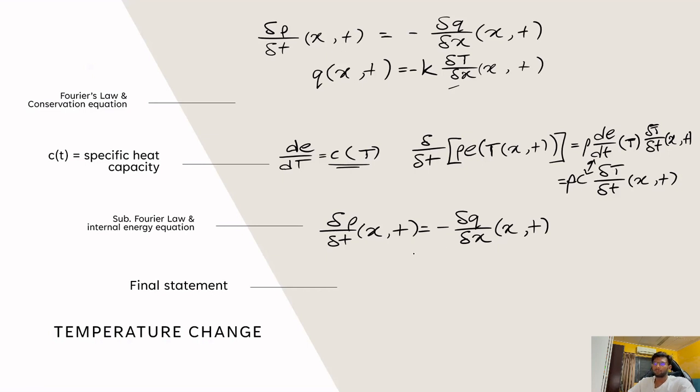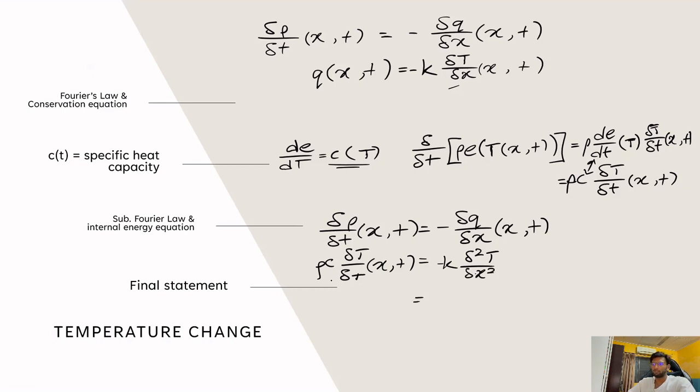If we substitute Fourier's law and this internal energy equation, you can see here we get rho C partial temperature over partial time equals, if we differentiate this with respect to x only, negative k times the second derivative of temperature with respect to x squared.